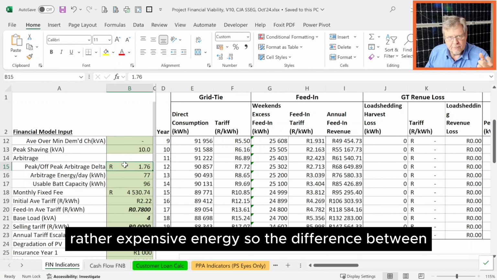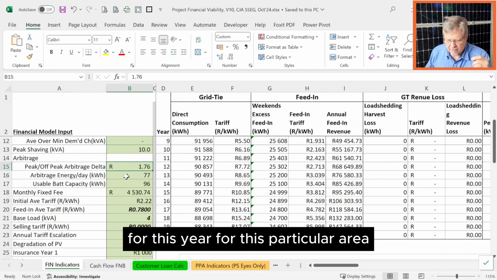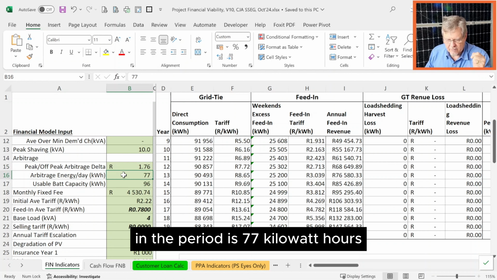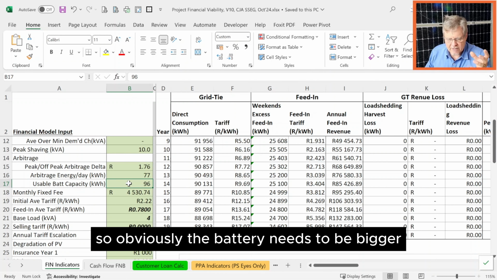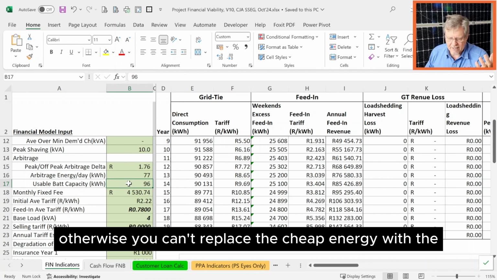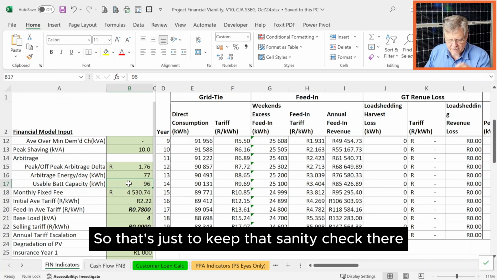The difference between cheap and expensive is 1.76 for this year for this particular area. The daily consumption in the period is 77 kilowatt hours, and the usual battery capacity is 96. Obviously the battery needs to be bigger than the amount of peak energy that you use, otherwise you can't replace the expensive energy with cheap energy. So that's just a sanity check there.